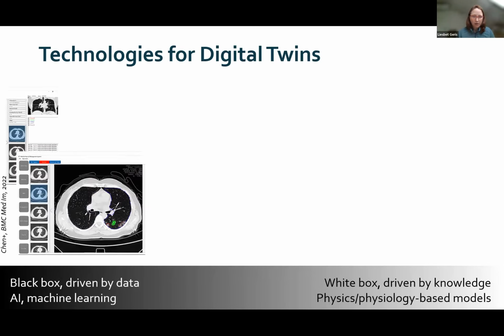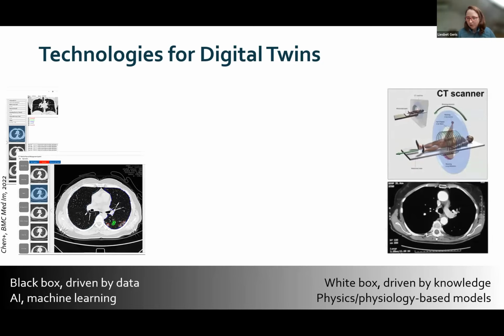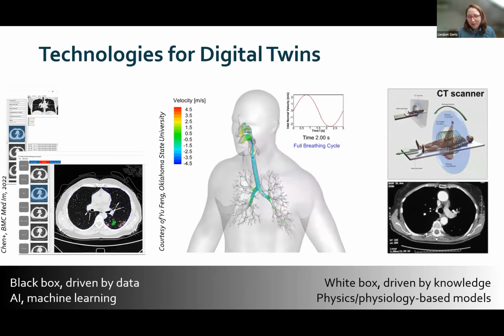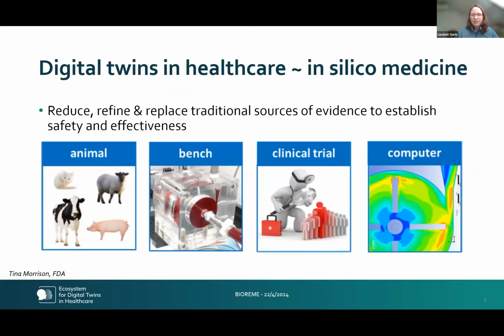So it can go from the black box data-driven tools like AI, machine learning, to the white box models where you actually take the knowledge of physics and physiology and you put it into the model, down to what is most often used: we use what we know, and then we supplement with data to cover the things that we are not really sure of.